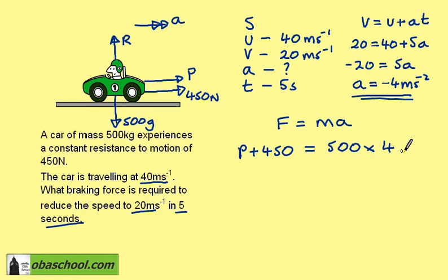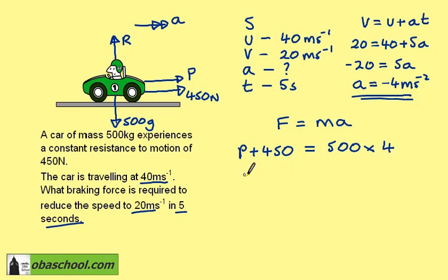We don't need to worry about the negative. The negative told us that the object was slowing down, and we've already drawn that on the diagram. The a acts in the same direction as the P and the 450. So if we say that the P and the 450 are both positive, then the 4 will be positive as well.